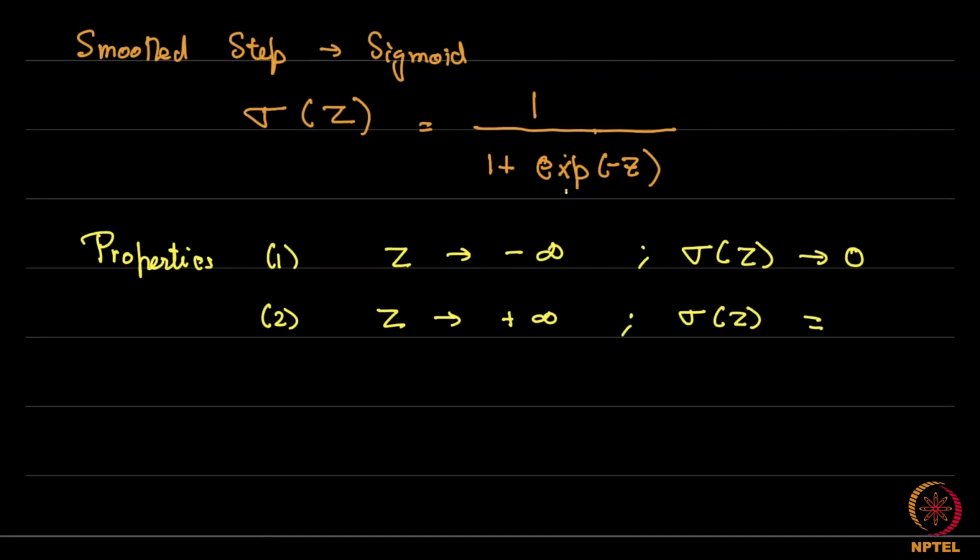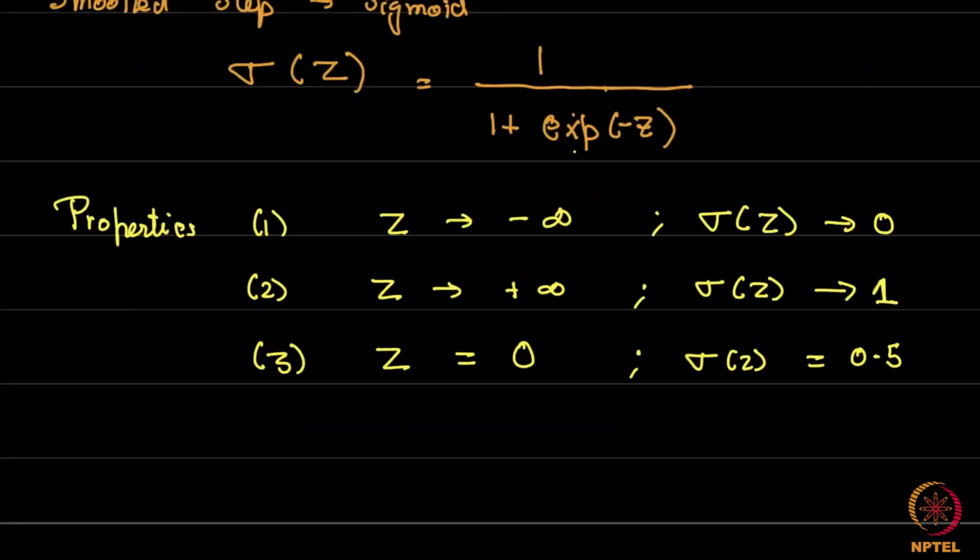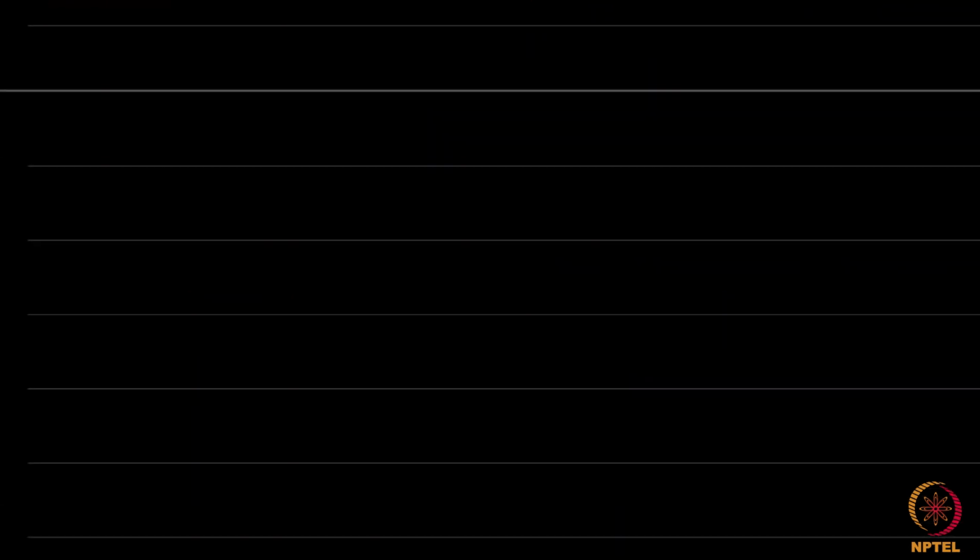So 1 by 1, this tends to 1. So instead of writing equal to, tends to 1. Third is when z equal to 0. When z is exactly equal to 0, you can check, e power 0 is 1, 1 by 1 plus 1. So sigmoid of z is 0.5. So let's draw that now.